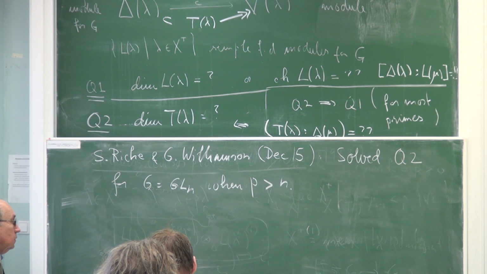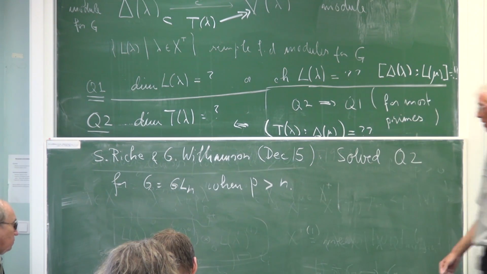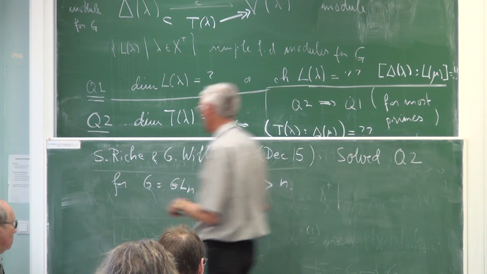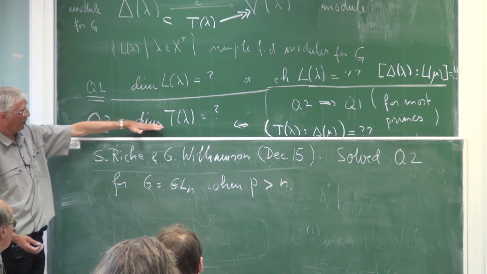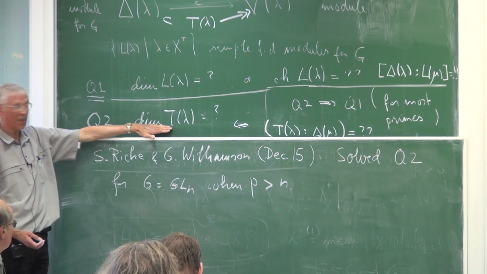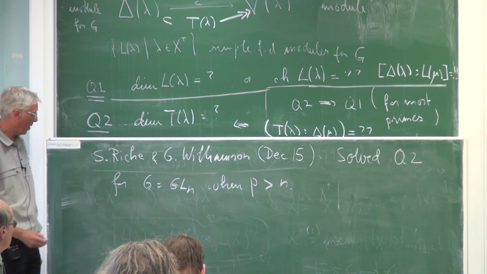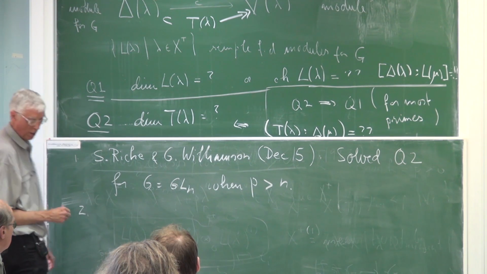In particular, for some applications to the symmetric group, it's very important that you do not have any restrictions on p with respect to n. But still, this was a great advance. It was the first time you have any sort of solution for this harder question, Q2.